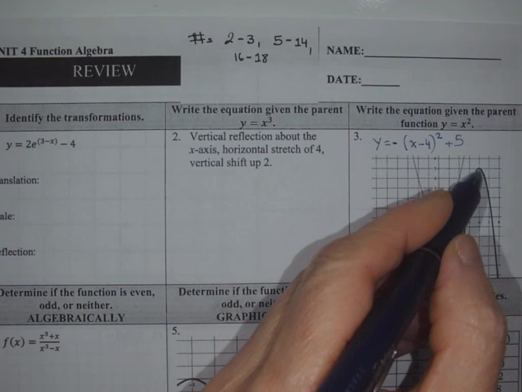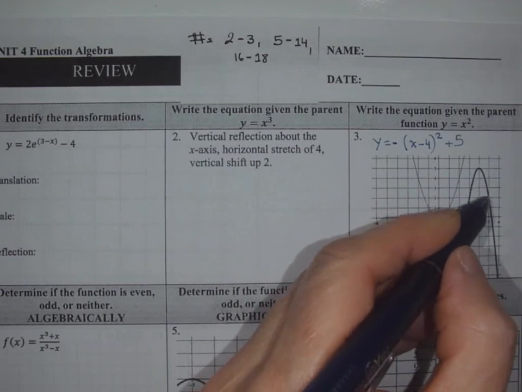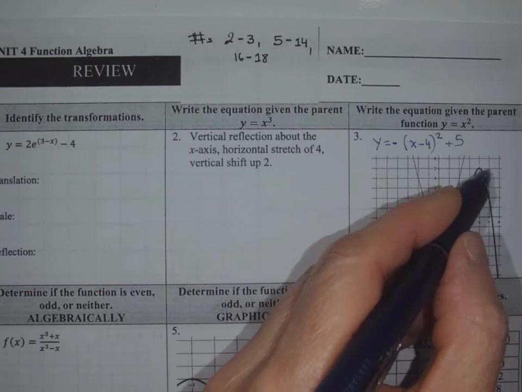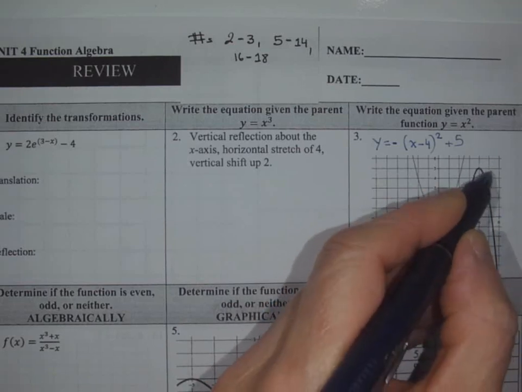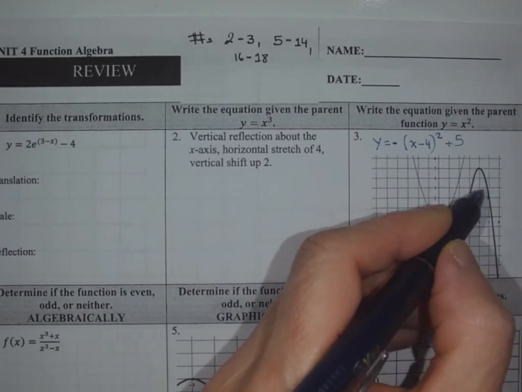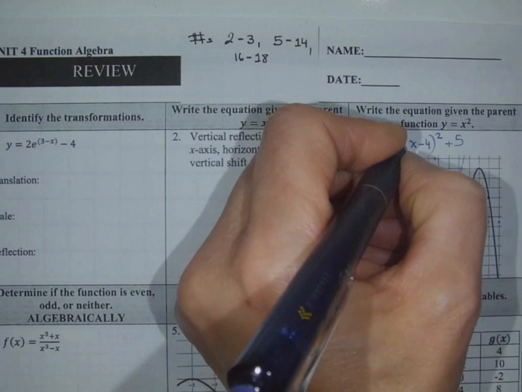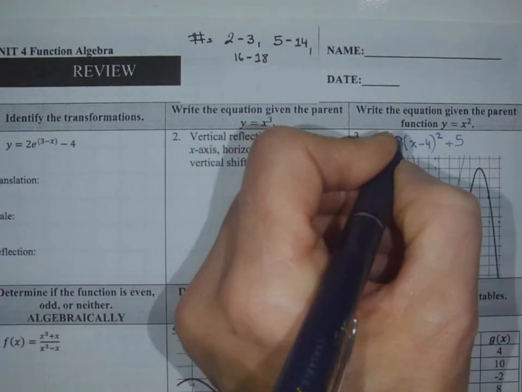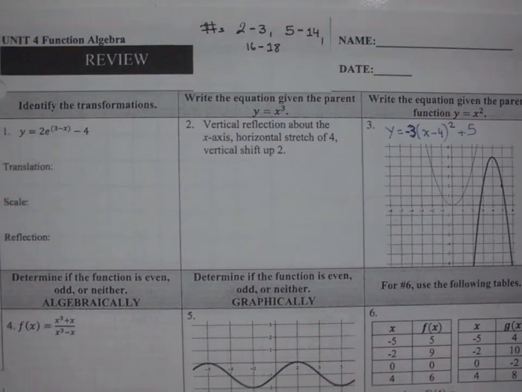But this one goes down 3 over 1 until I hit the next. If I want to go over 1 to go to the curve again on a corner, I'll actually have to go down 3. So this one will be down 3 over 1 instead of 1. So I need a 3 here. So it's been a vertical stretch of 3. Well, that's not a nice 3 I drew there, but I'm sure you can read it.